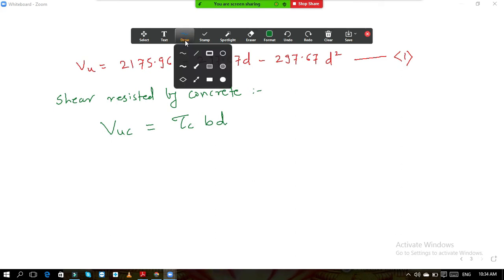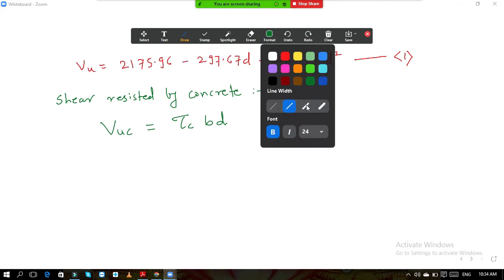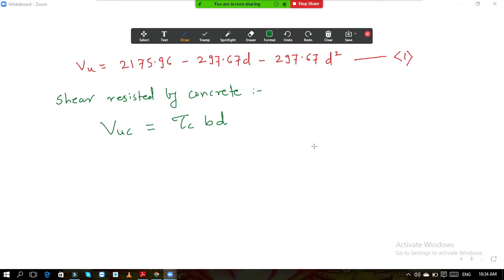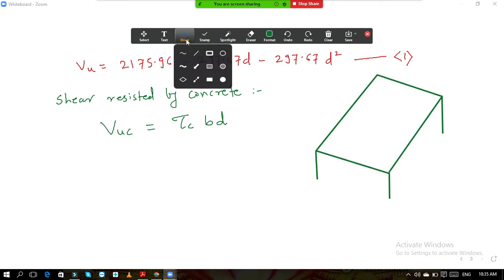Now here is one concept you need to understand. What is the punching area? Okay. Now here, what is the punching area? So I will draw here. So now suppose this is our footing. What is the punching area for concrete that we want to know?